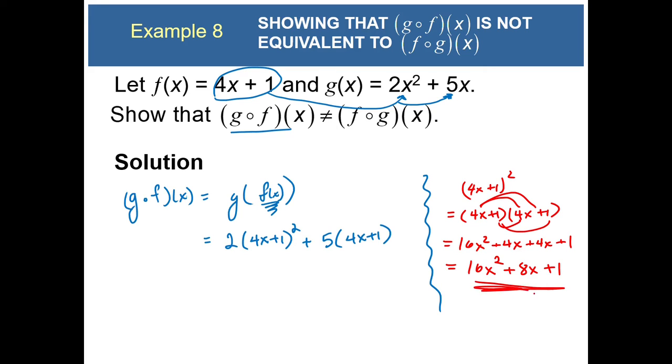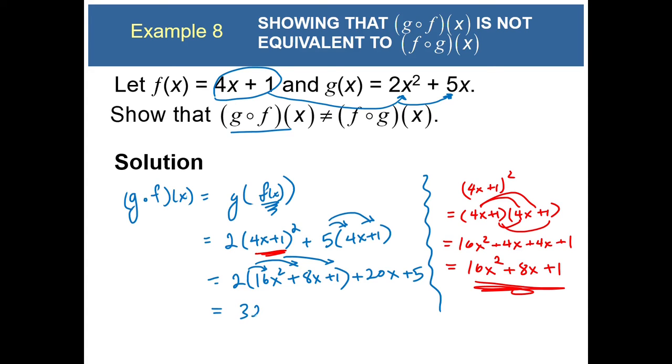So we'll substitute this value in for 4x plus 1 squared. This is 2 times 16x squared plus 8x plus 1. And we'll distribute the 5 through the parentheses. That is 20x plus 5. We'll finally distribute the 2 to the 16x squared plus 8x plus 1.